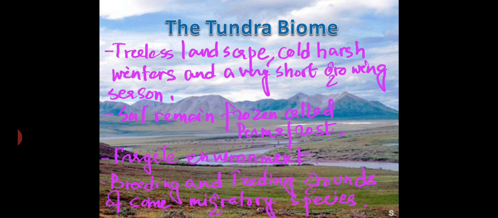It is a treeless landscape characterized by a very short growing season and cold, harsh winters. Water is abundant in tundra, but for much of the year, it is locked up in ice or snow and is unavailable to the plants.